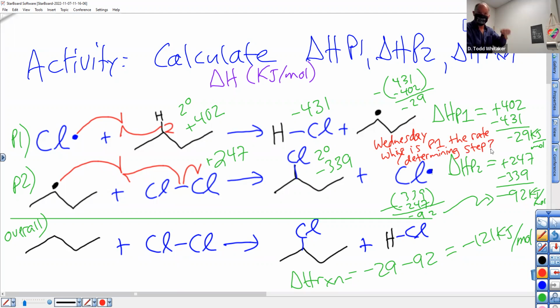P1 in this example. Please don't be memorizing prop 1 is the slow step every time. No, every time it's case by case, and you pick the less exothermic number. That's a little preview for you for free. Okay. But now I want on Wednesday to understand why. Okay. And I will see you Wednesday.